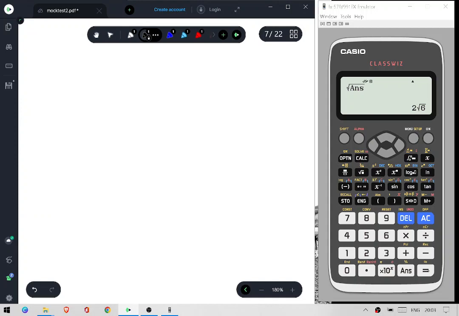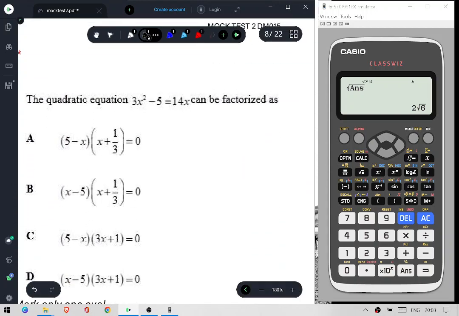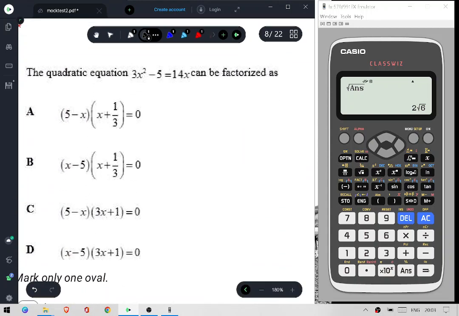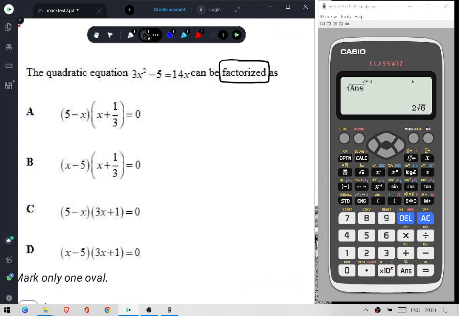Okay, let's go to the next one. The quadratic equation 3x squared minus 5 equals 14x can be factorized as. We have to bear in mind that factorize means it must be in factor form. You use your EQN over here. I'll show you, don't worry. Equation, polynomial degree 2.